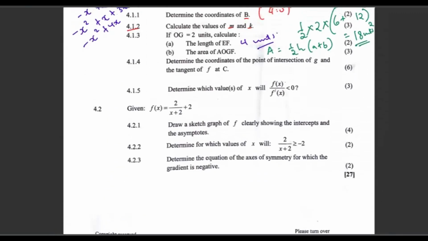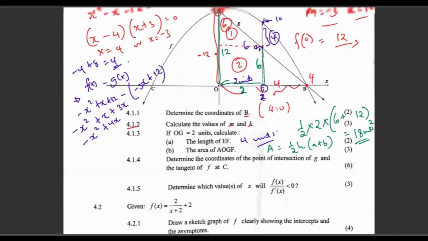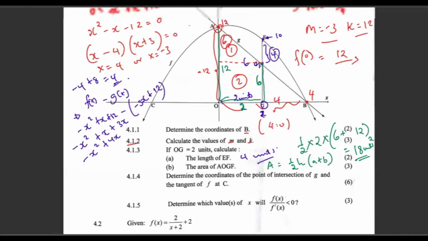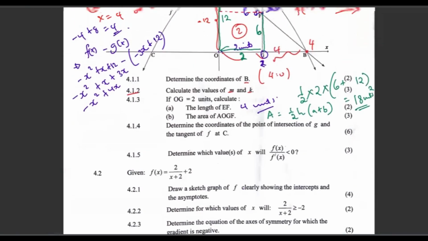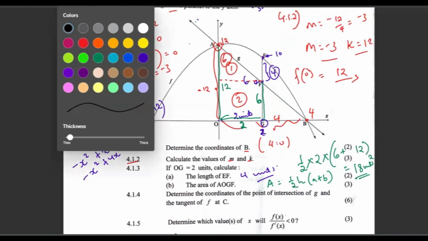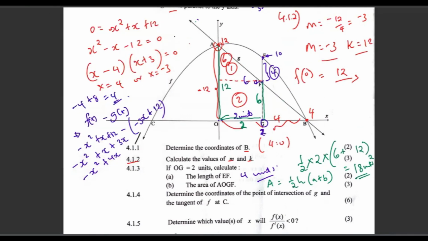Let's see, 4.1.4. They want the coordinates of the point of intersection of G and a tangent of F at C. So if there is a tangent at this point C, and this tangent is meeting up with this graph, what are the points?